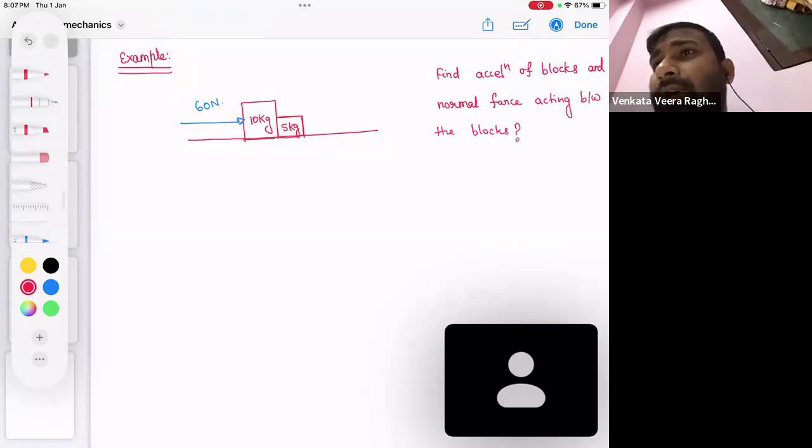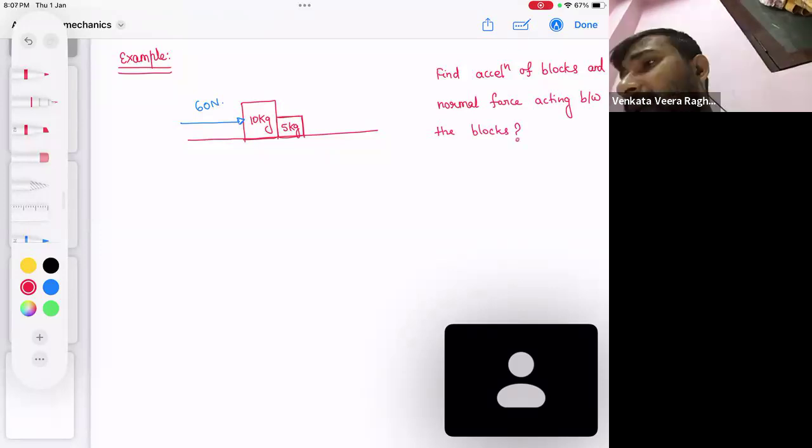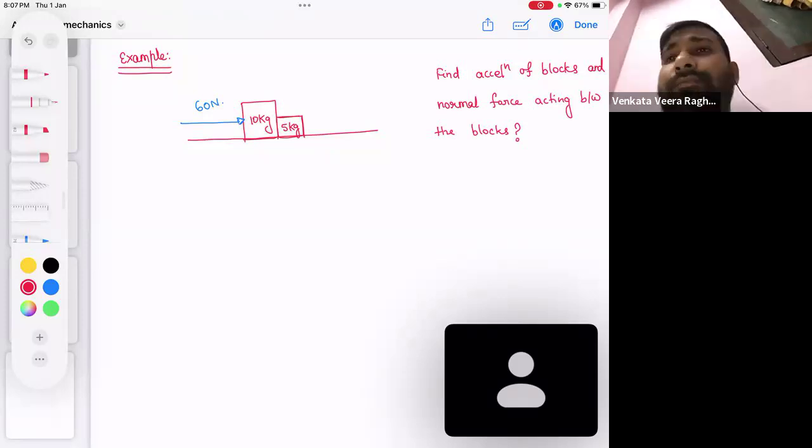Two things we have to find out in this question. What is the acceleration of each block, and what is the normal force between the blocks? So please tell me what we should do in this question. Can we start with drawing the free body diagram of each block?